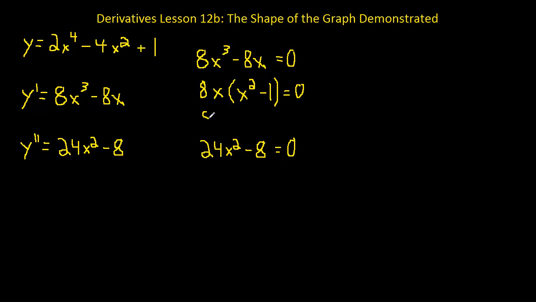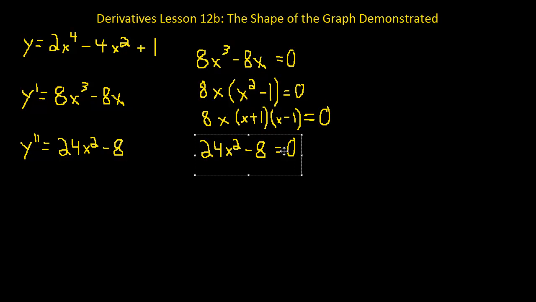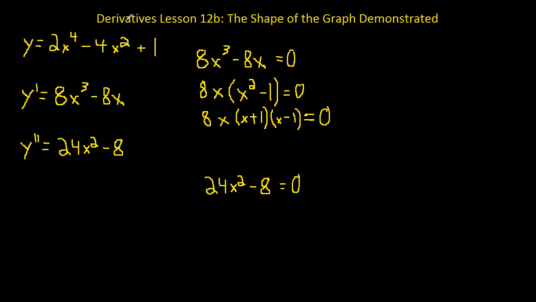And we end up with 8x times x plus 1 times x minus 1, if we factor x squared minus 1. Set this equal to 0. Now we see the critical points occur at x equals 0, 1, and negative 1.